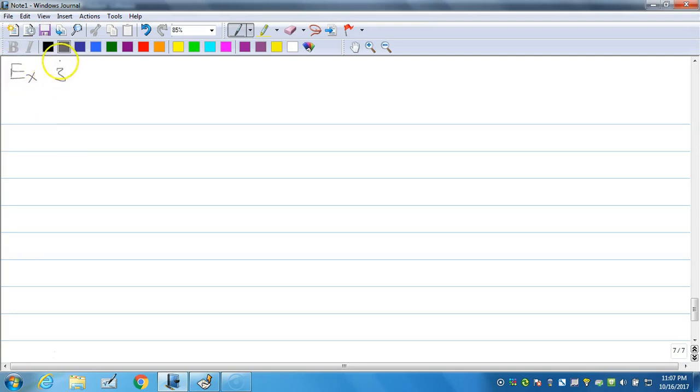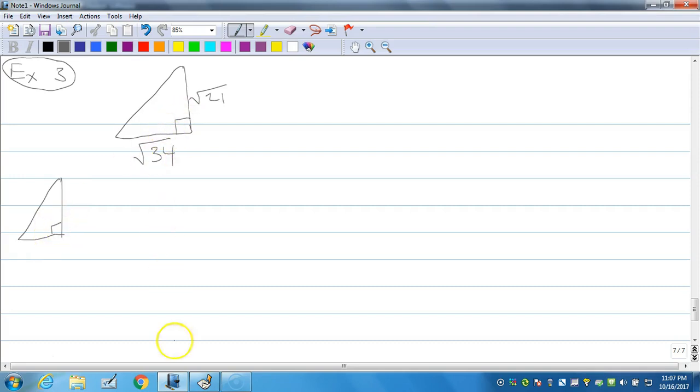Example 3. This is the square root of 34. This is the square root of 21. So first let me do it in decimal for my other students so you know how to do this.